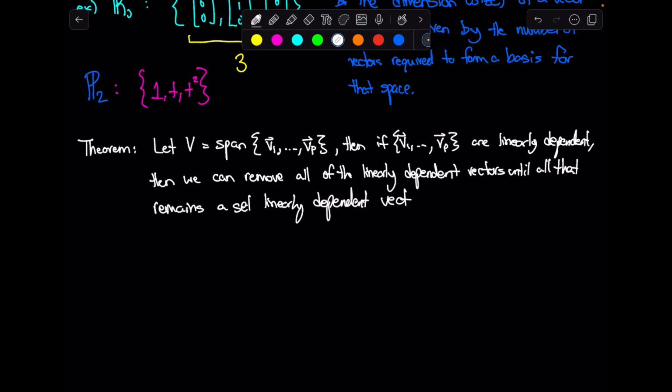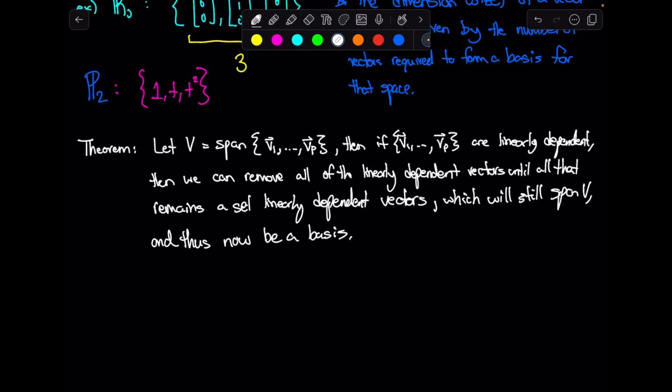And as soon as that happens, that set will still span our vector space V, and thus now be a basis.